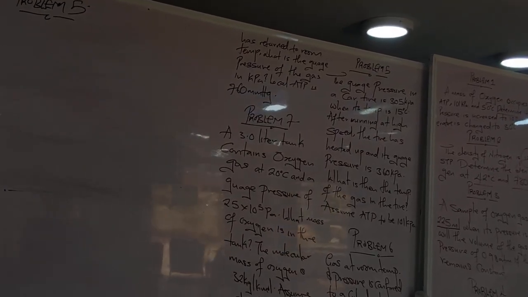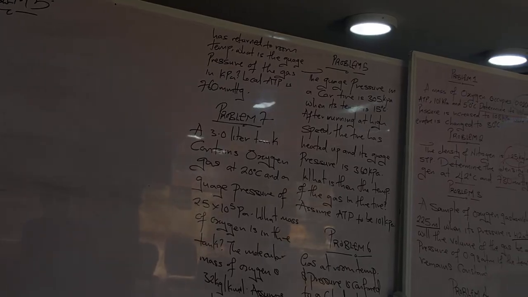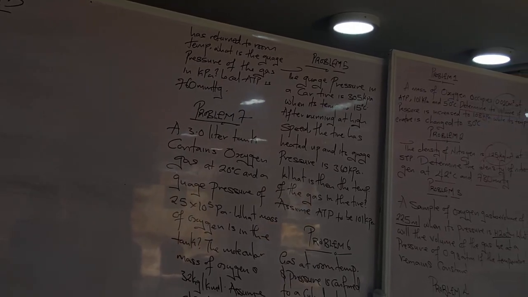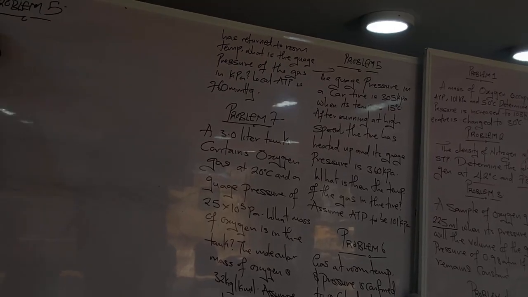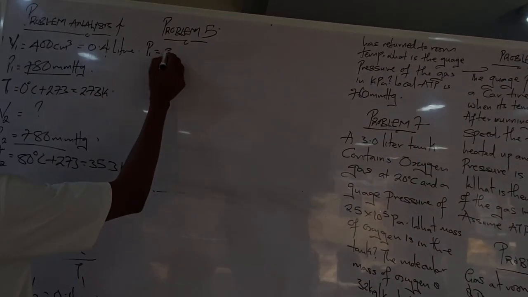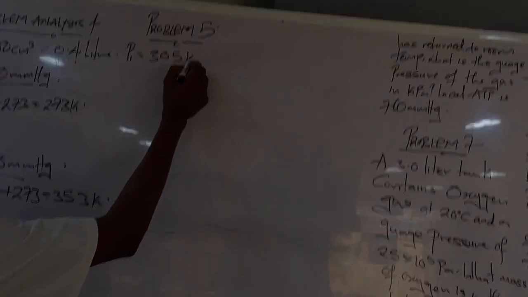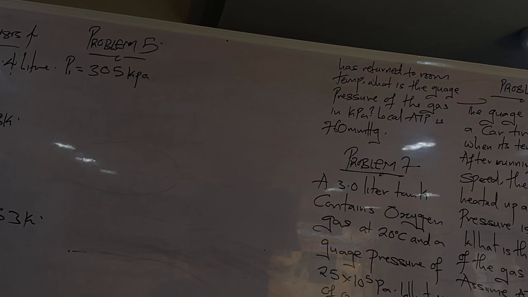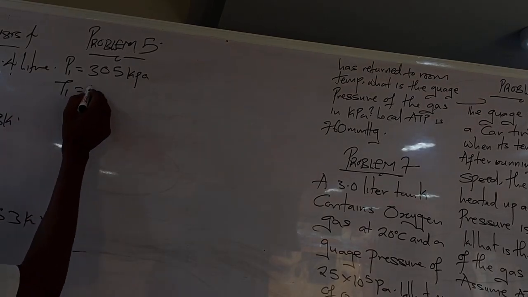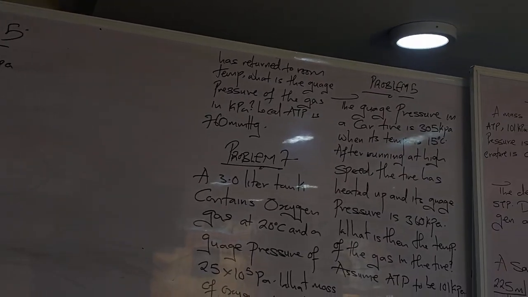Now, gauge pressure there. You said the gauge pressure in a car tire is 305. So pressure in the tire, let's just call that P1. It's 305 kilopascal, right? When its temperature is 15. So T1 is 15 degrees Celsius.